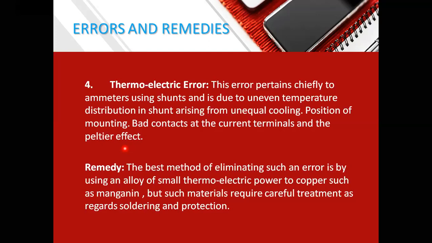But while cooling down, cooling will not be uniform. It depends on the mounting position also. And when cooling is not uniform, there will be errors introduced in the PMMC instrument.